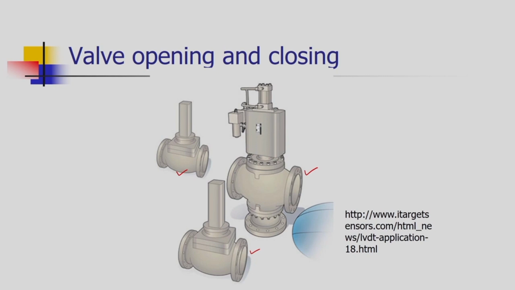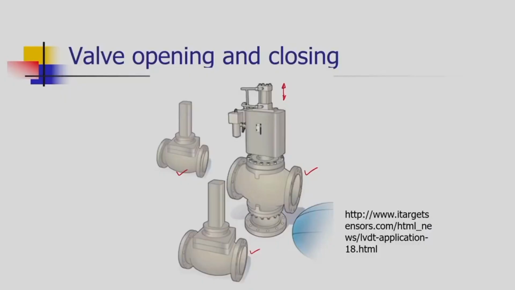When these electric motors are operating these valves, there is movement of its spools. So, when these spools are moving, we need to continuously monitor the movement of the spools to have precise control over the valve opening and closing. So, for that purpose again we are using the LVDT sensors.